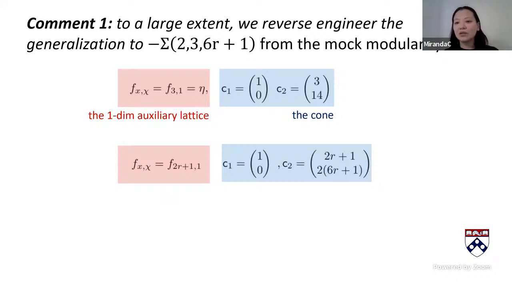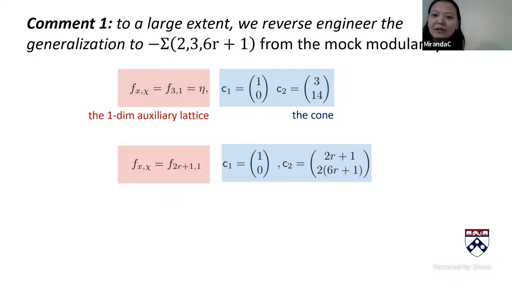To be honest, to a large extent, we basically reverse engineered the generalization to other Brieskorn spheres when R is larger than 1 from the mock modularity that we want to get. And we want a nice looking cone, and that preserves the structure of the Z-hat invariants on the other side, the structure of the computation on that side. So there's quite a bit of tweaking and working backwards.